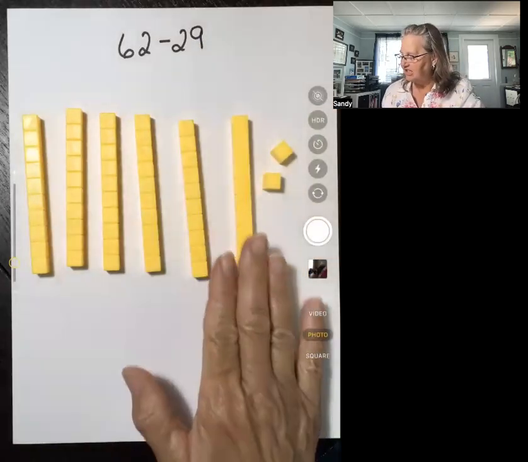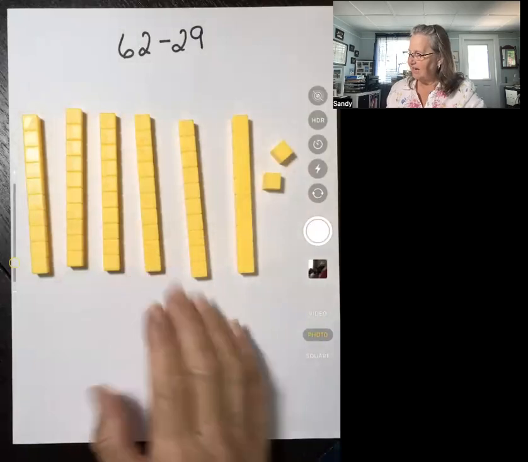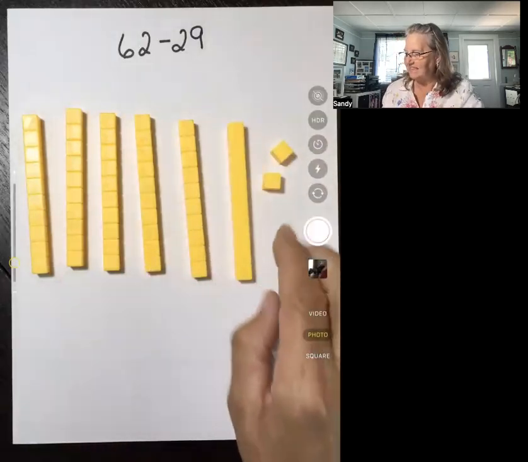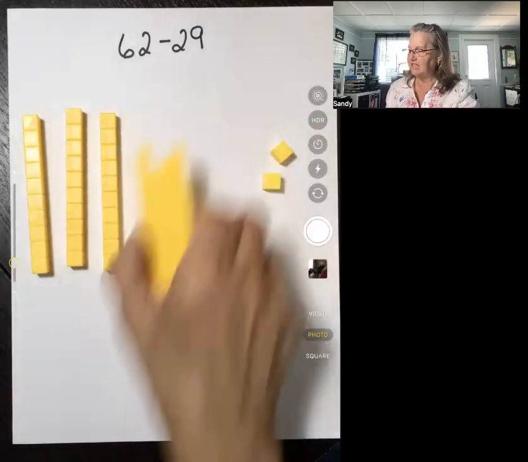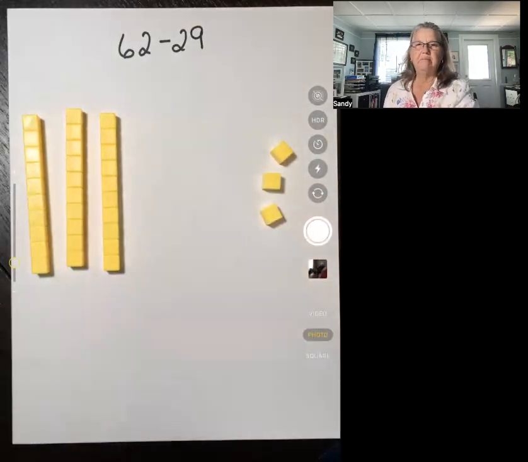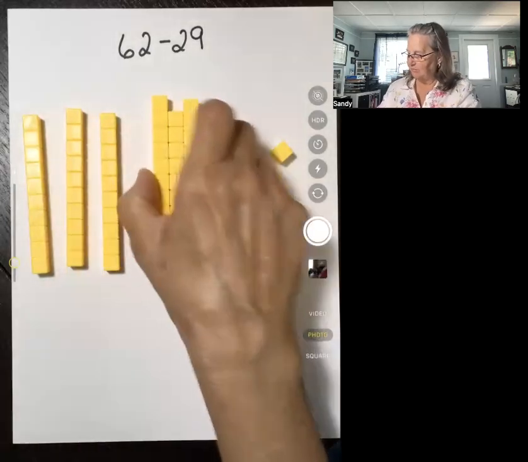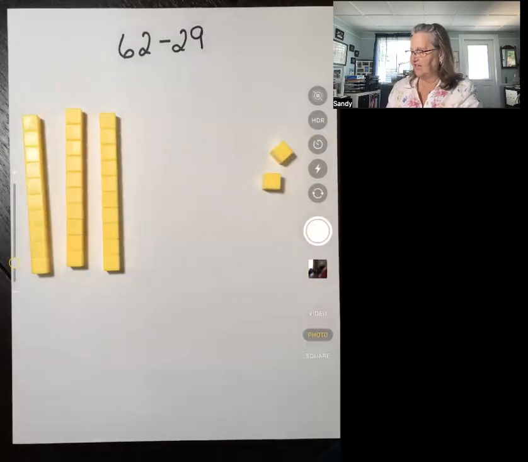If I have 62 here, I don't have to trade and get exactly 9 ones to remove 29. I can remove 3 tens and then give 1 back. I round and I adjust. So I remove 3 tens, give 1 back. That's very efficient.